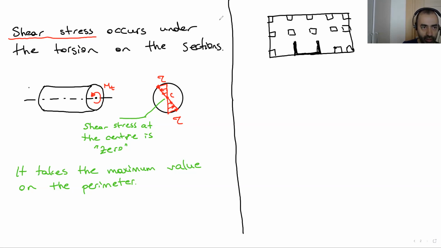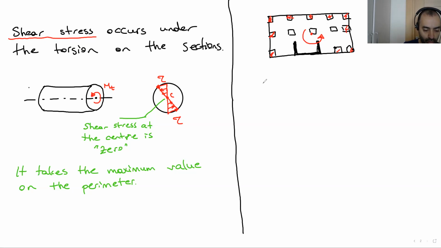So under torsional effect, this building, let's say this portion is the center, rotates like this. So you are gonna see damage on these columns on the perimeter under torsional effects. Yeah.